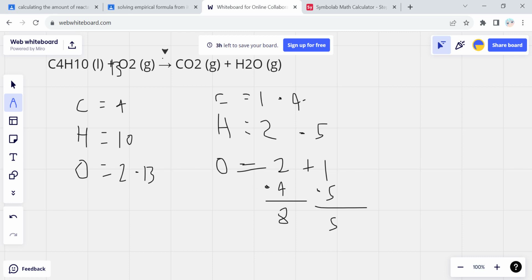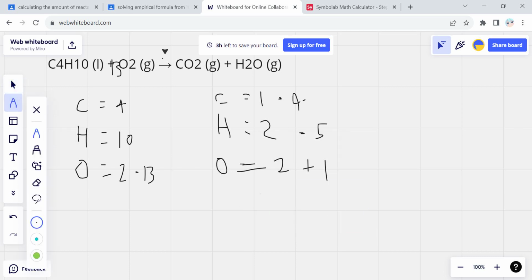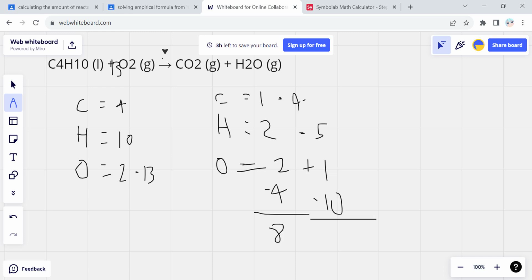So now our 4 becomes 8 and our 5 becomes 10. So it's now 2 times 4 equals 8 and 1 times 10 equals 10. Wait, wait a second. I think I'm missing something here.